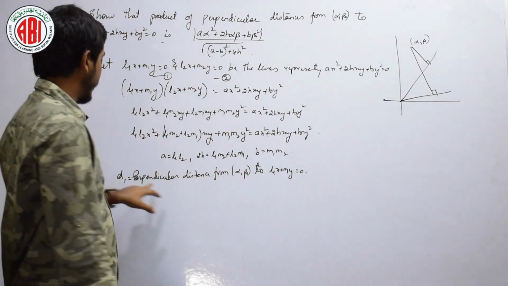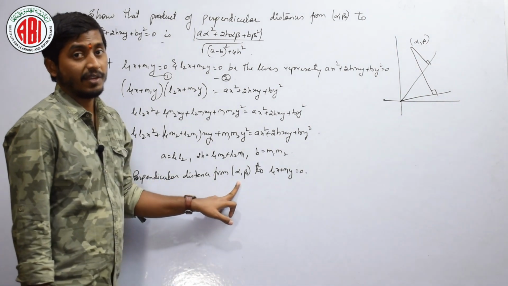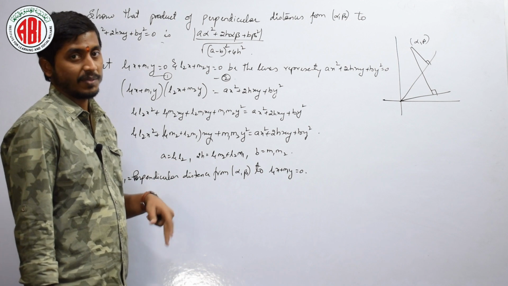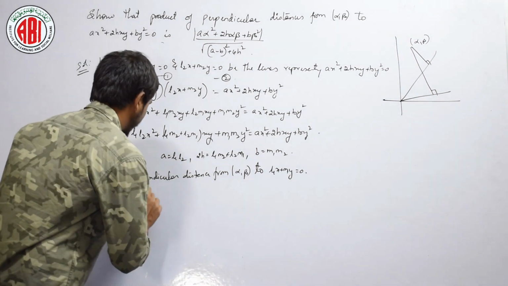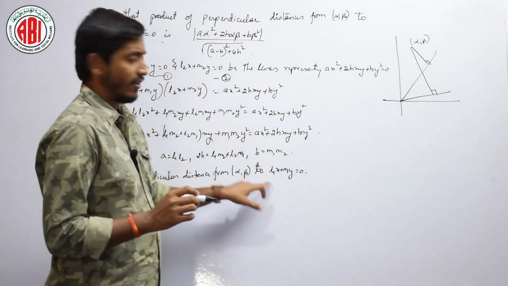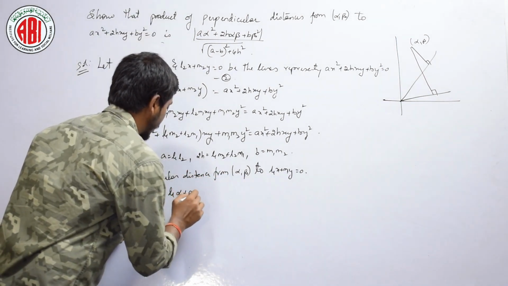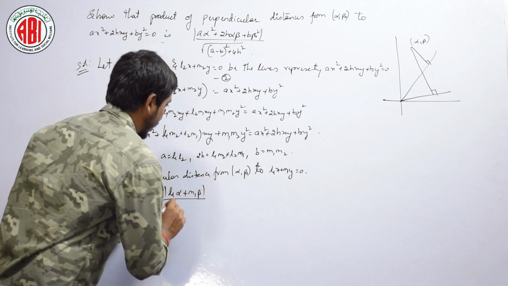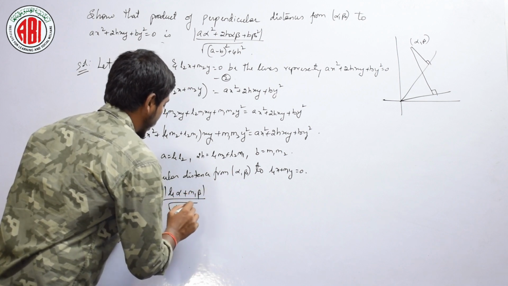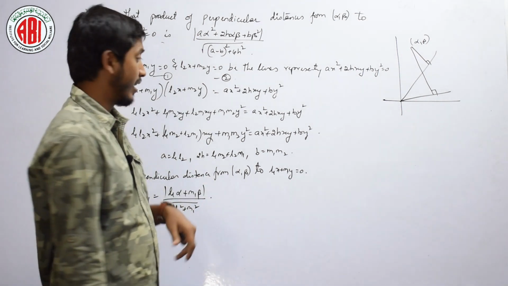There is the equation and there is the point. What is the perpendicular distance formula? A1x plus B1y plus C by under root A square plus B square, right. That is, d1 is equal to mod of L1 alpha plus M1 beta by under root L1 square plus M1 square, by directly substituting the values. Is it right? Hope you understood.